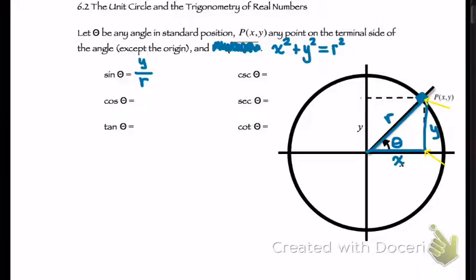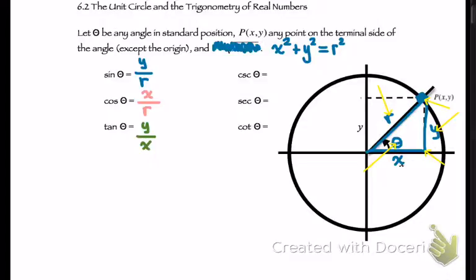I looked at theta, and I said opposite over hypotenuse. Right, so hopefully you're still with me. It's a lot of information, so you better get used to it. Cosine now is adjacent over hypotenuse. Tangent is opposite over adjacent.